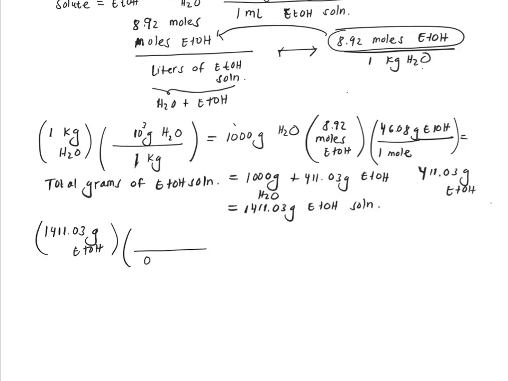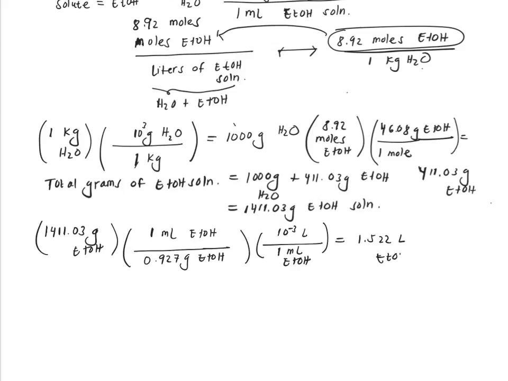We know that for every 0.927 grams of ethanol, there's 1 mL of ethanol, and for every 1 mL of ethanol, there's 10 to the negative 3 liters. So this equals 1.522 liters of ethanol solution.